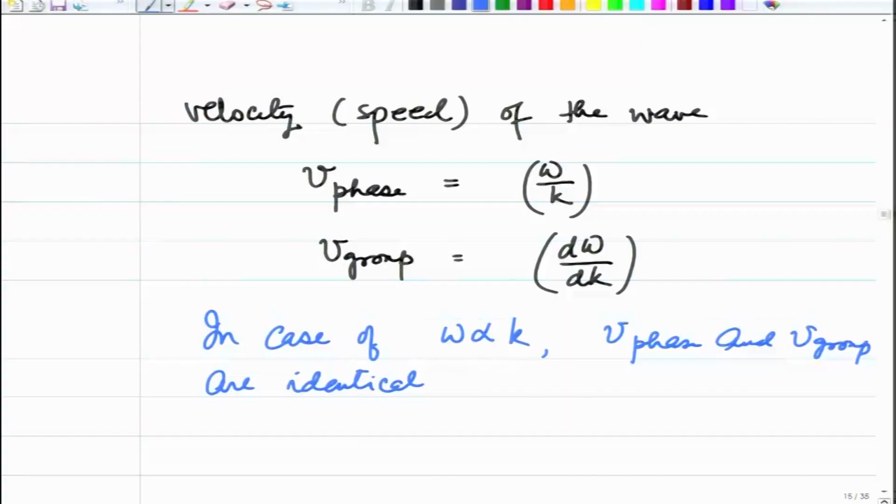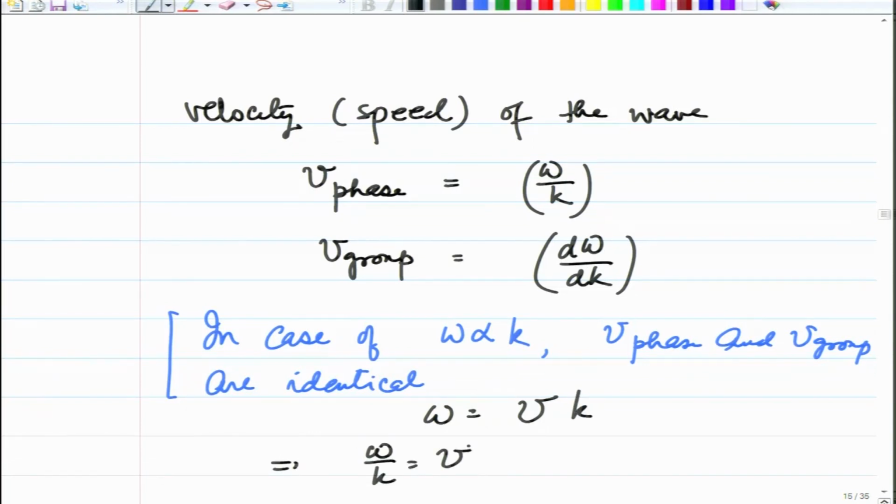So, the feature when omega is proportional to k is this: suppose omega is equal to some constant, let us call it V, times k. Then omega over k is V phase, and this is equal to V group, which is d omega dk.